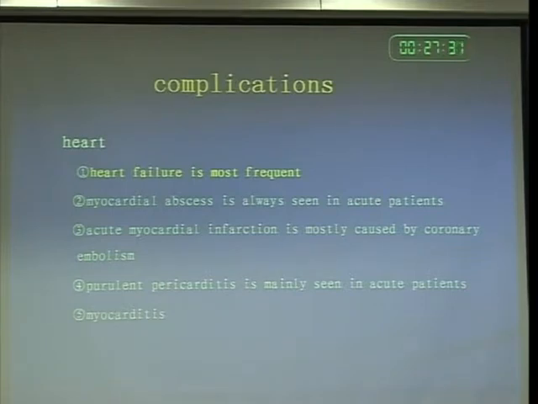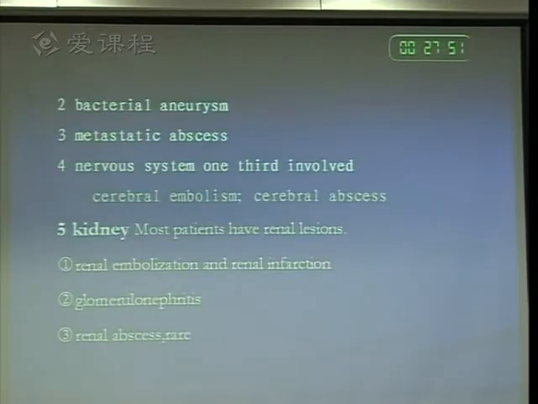Purulent pericarditis is mainly seen in acute patients. And last for the heart, some patients could have myocarditis. Also, a mycotic aneurysm should be present in some patients. And metastatic abscess, we can always see it in clinical patients.